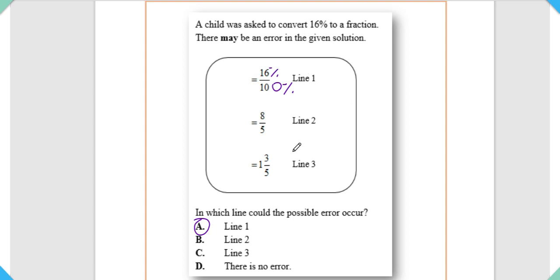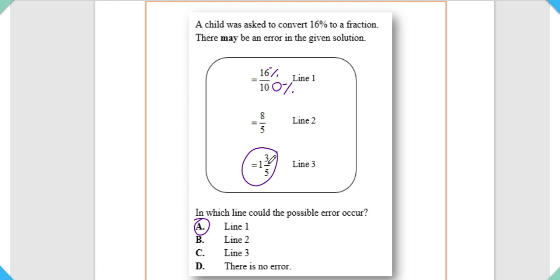And why are we sure that there's an error in this problem? Well, the answer when 16% is converted to a fraction is 1/3. This is telling us that there is one whole and a part of a whole.